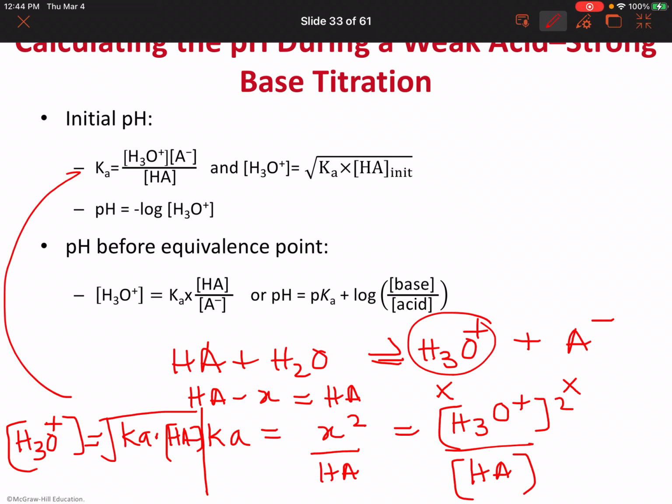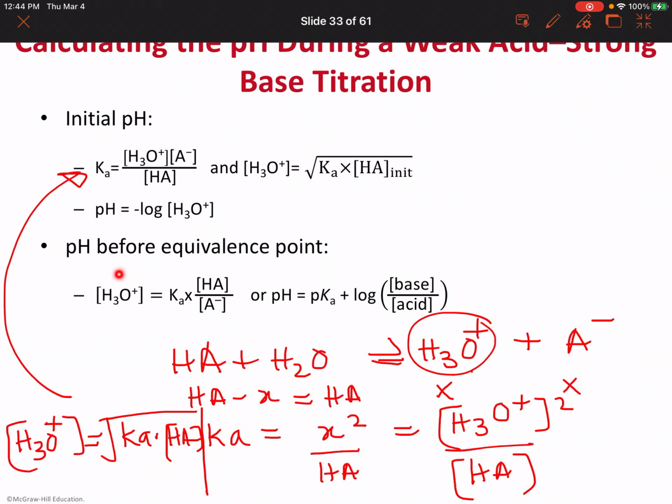That is what you are seeing over here. Ka is going to be the hydronium ion concentration times A minus over HA. Both of these are going to be the same amount at the equilibrium, so it can be considered as hydronium raised to the power 2. So the hydronium ion concentration would be the square root of Ka times HA initial. Right? Same thing that we derived over here. And then the pH would be negative log of hydronium ions. That is the initial pH.